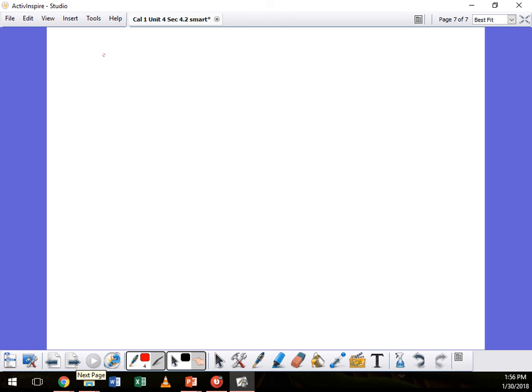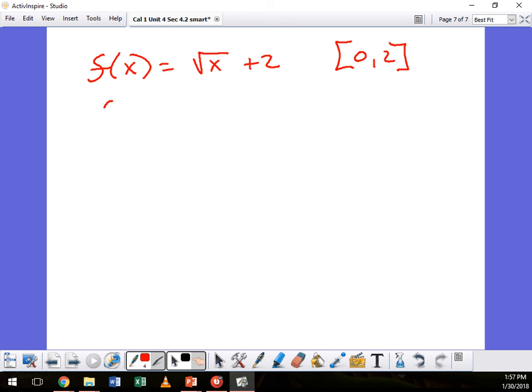Now, let's pretend like we paid attention in 4.1. My function I needed was an extinguisher to my fire: x plus 2. And what was my interval? 0 to 2. So this is a brief introduction of what we're going to come up next. Intervals with bounds. Now, if I were to rewrite this, would this be f of x, x to the 1/2 plus 2?